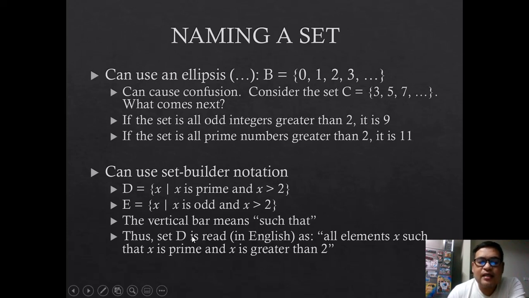The set D is read in English as all elements, but you can also read this as: set D is an element of X such that X is prime and X is greater than 2. Or you can read it as set D is all elements X such that X is prime and X is greater than 2, whichever is comfortable for you.